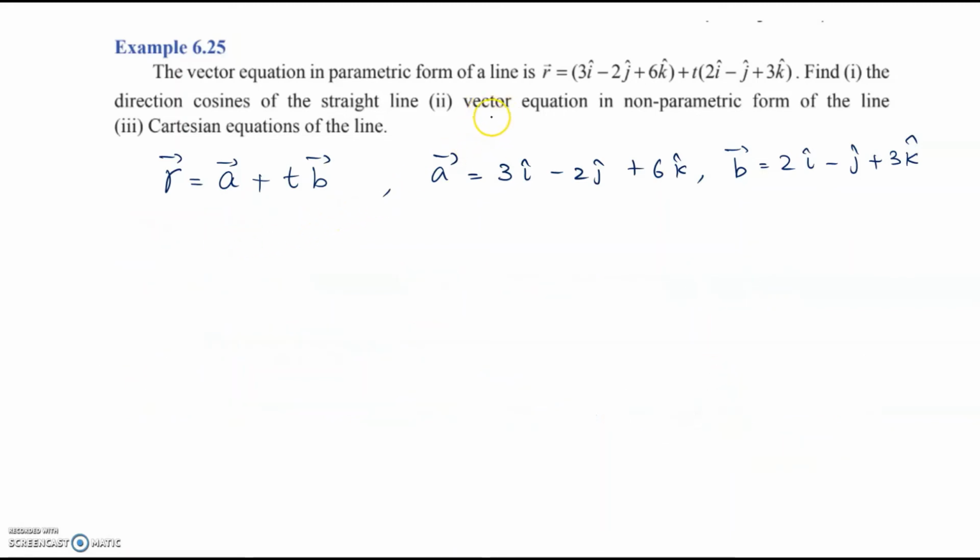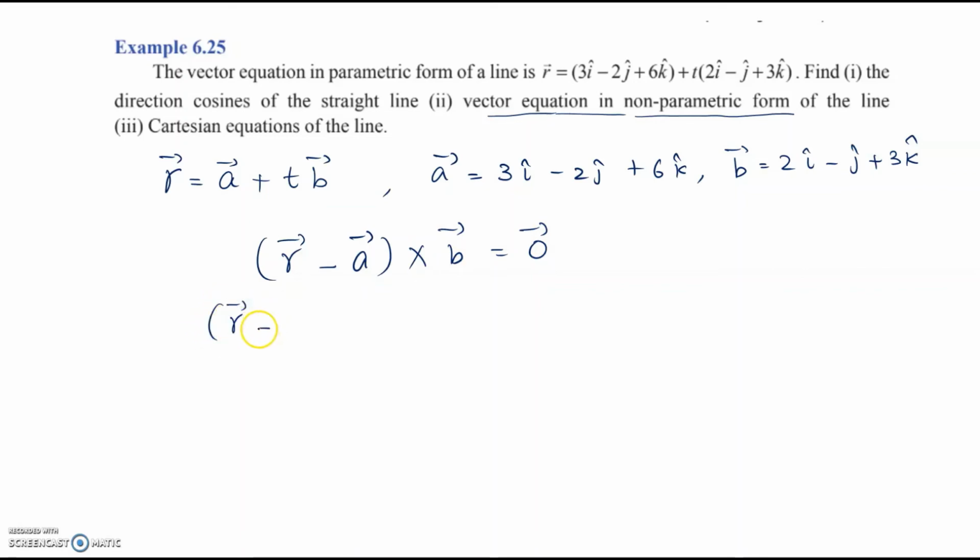Let's move on to the second part of the question, which is to find the vector equation in non-parametric form. The formula for this is r vector minus a vector, cross b vector, is equal to 0 vector. Now, what is our a vector?